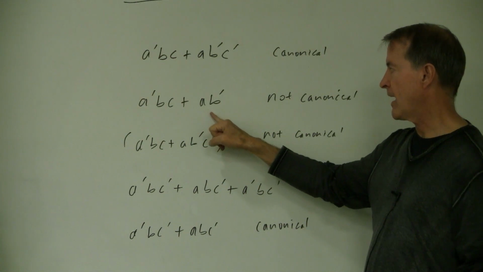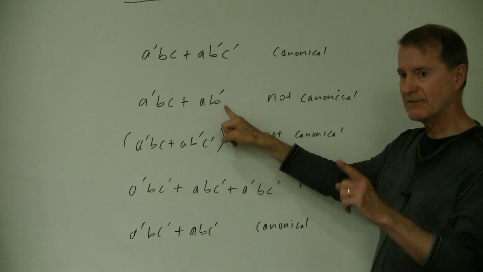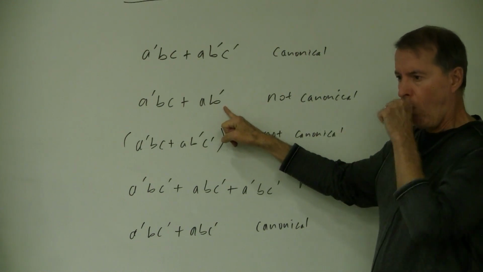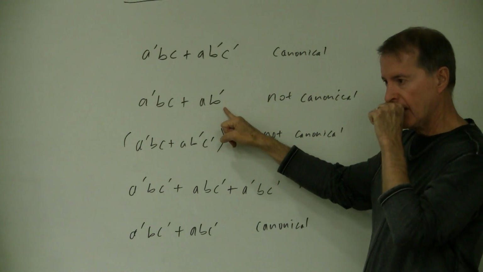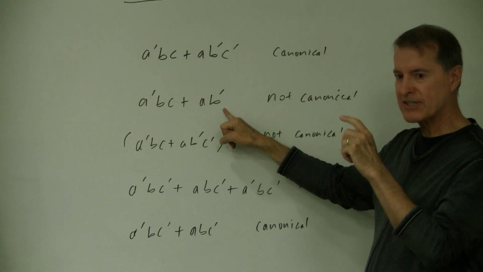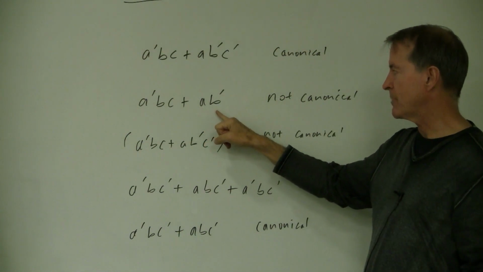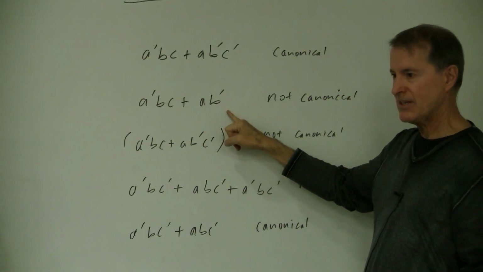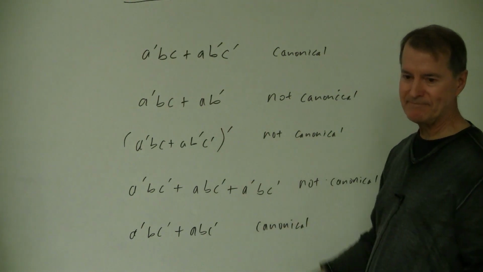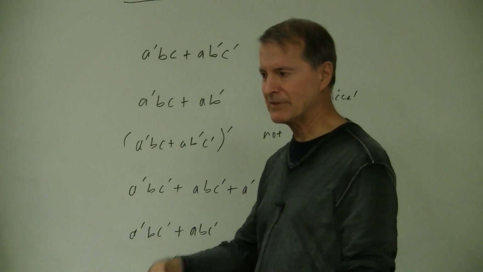You'd take this A and B prime and then AND it with 1. And then how would you write that 1? C or C prime in parentheses, and then distribute it, and this would be A and B and C, or A and B prime and C prime. So you could turn it into a canonical expression. We normally don't do that, but you could.